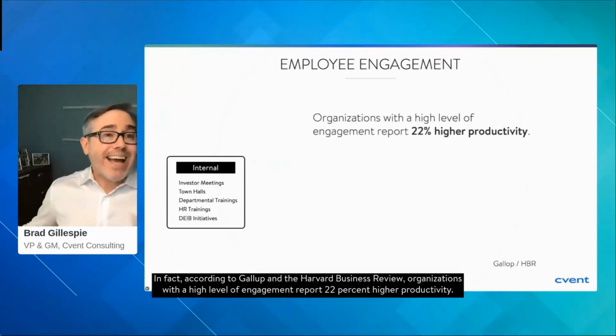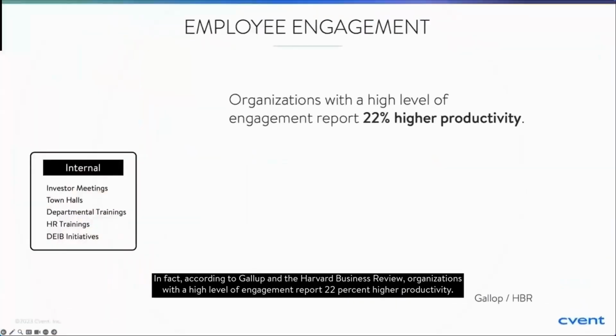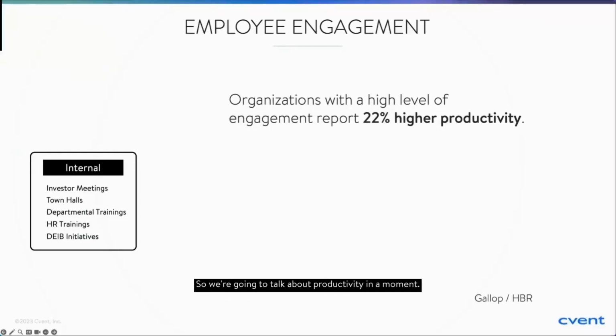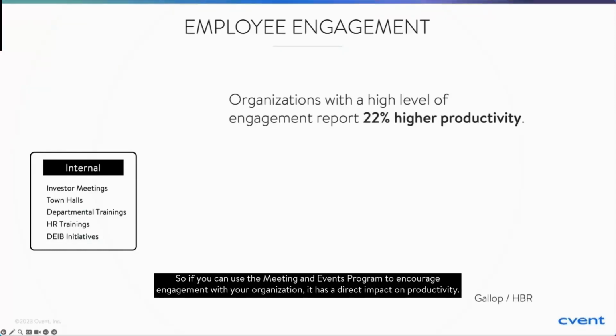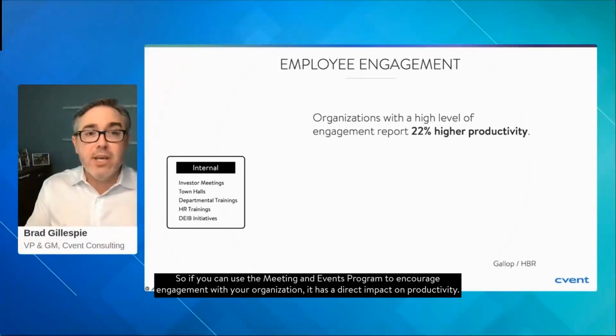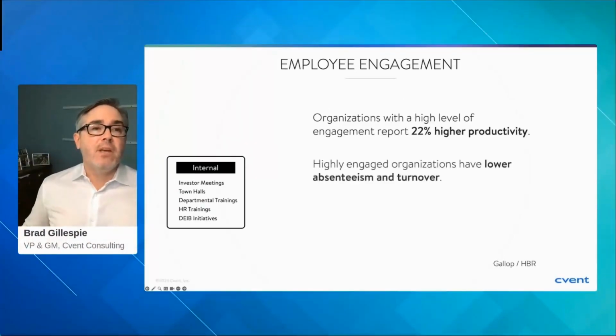In fact, according to Gallup and the Harvard Business Review, organizations with a high level of engagement report 22% higher productivity. So we're going to talk about productivity in a moment, but there's a direct connection between engagement and productivity. So if you can use the meeting and events program to encourage engagement with your organization, it has a direct impact on productivity.